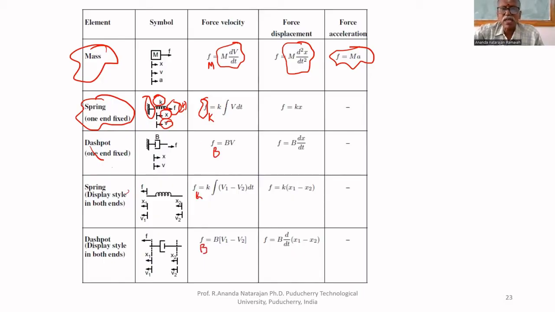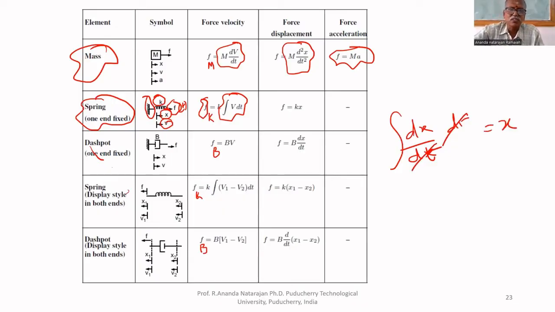So Fk equals K integral of V dt. To get displacement from velocity we have to integrate. Suppose we know dx by dt and want x, we integrate and get x. Therefore, the force exerted by the spring is F equals kx.